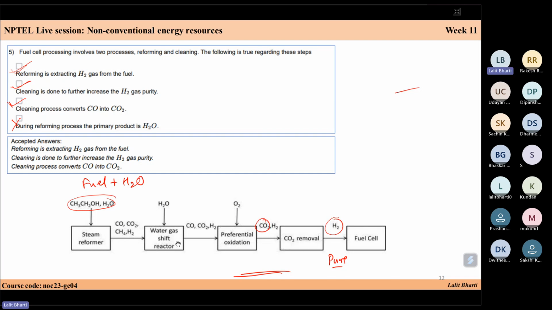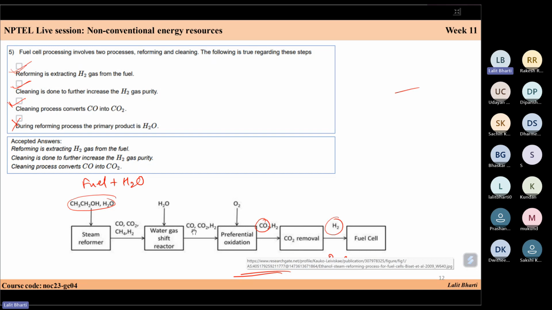Then we have the water gas shift reactor, so all the methane will go down. Then we will have CO, CO2, and H2. Then we get preferential oxidation. During preferential oxidation, we need to convert only one of the reactants into a product. So we only need to convert our CO to CO2, and this is done in the preferential oxidation only.